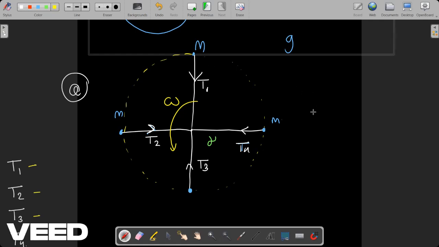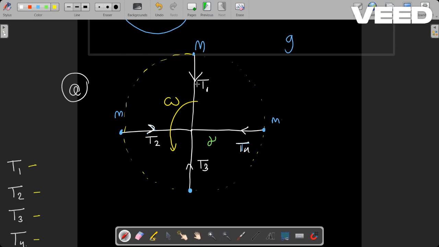Let's start off with T1. Now again, T1 is towards the center, right? So when we apply F equals MA, T1 is the unbalanced force, and also we have gravity, right? Weight is also acting on that.